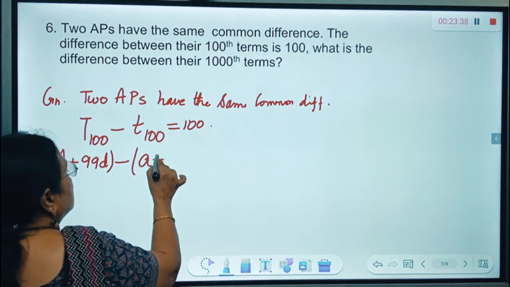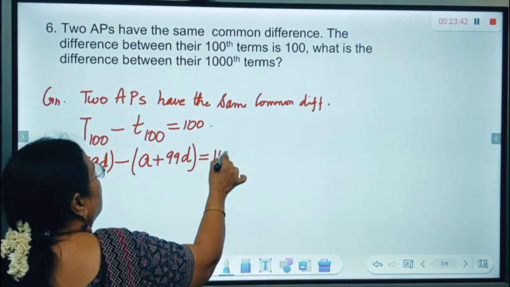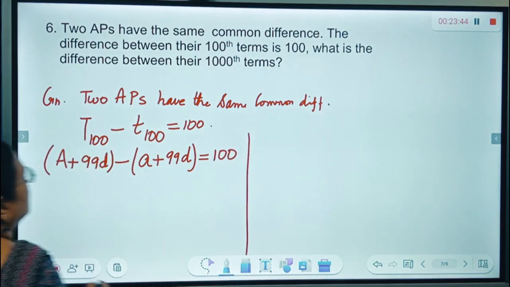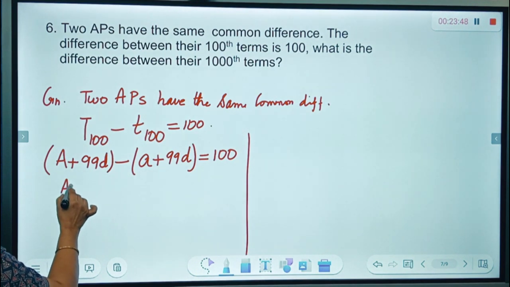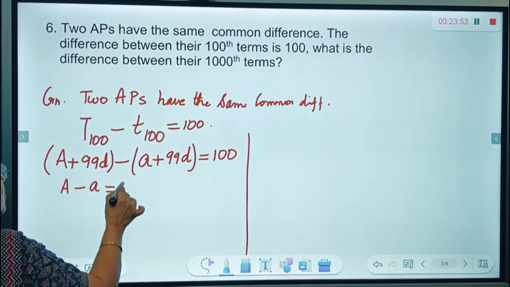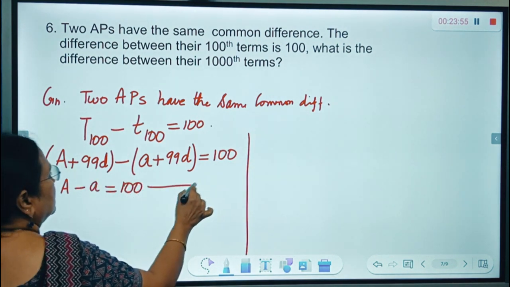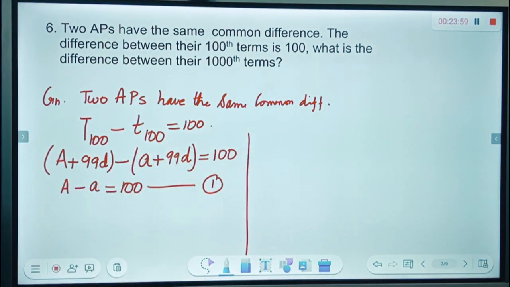This will be A plus 99d minus a plus 99d, equal to 100. 99d gets cancelled, so A minus a equal to 100. Because when I subtract, 99d and minus 99d get cancelled. So A minus a is 100.